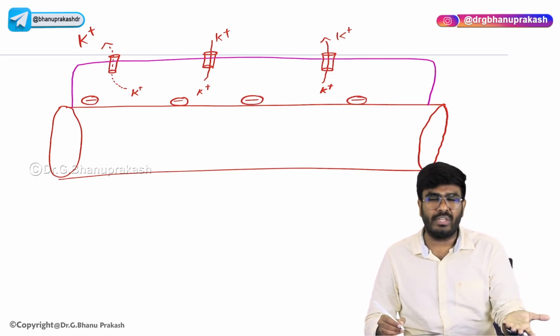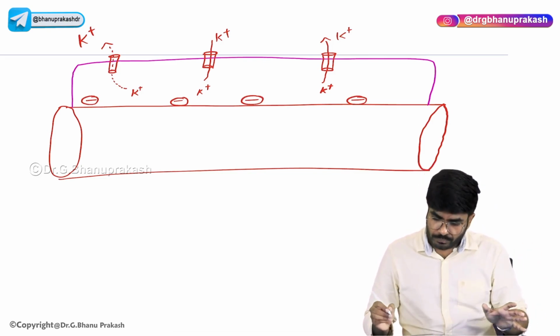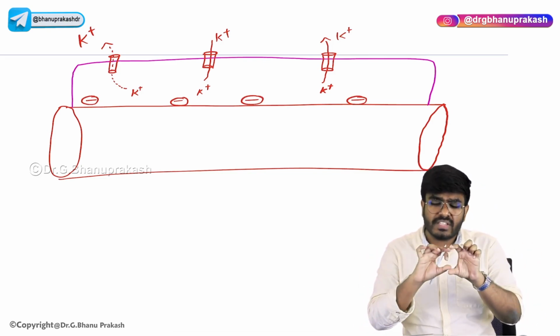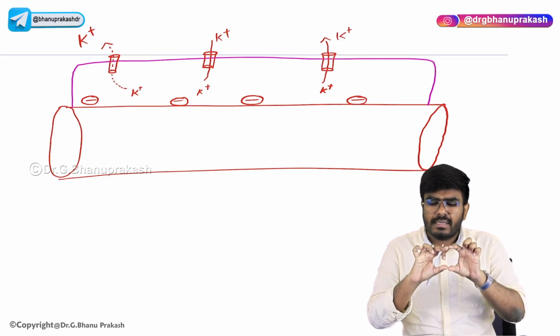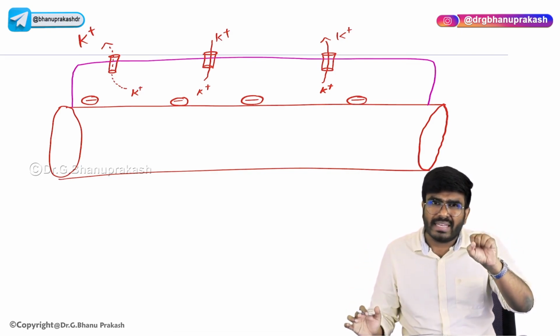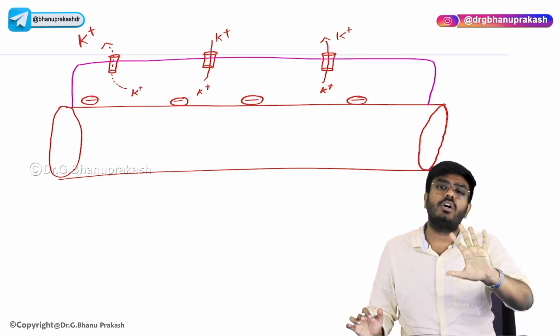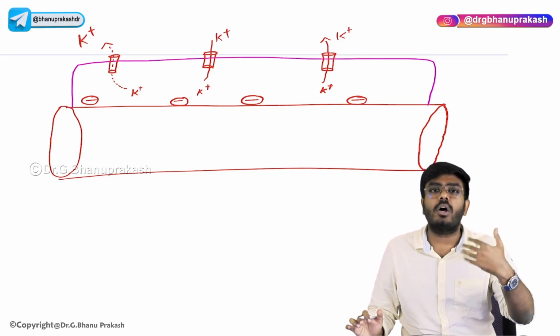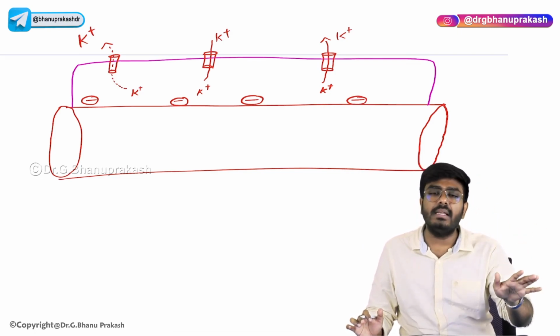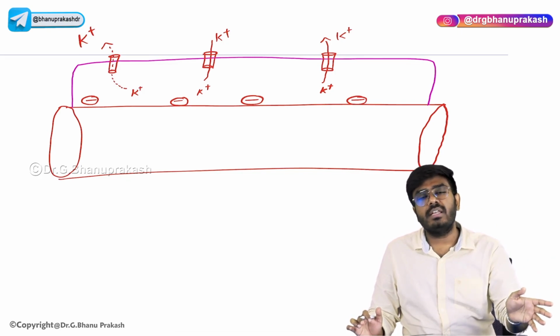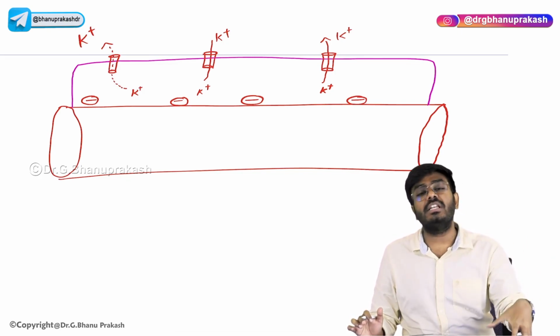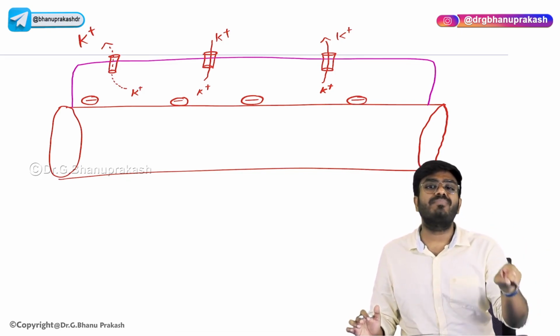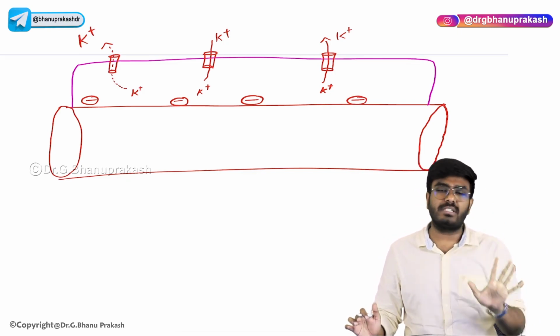They are negative and not activated. So if the smooth muscle cell is inactive, is it undergoing any contraction? No. Why? Because all the time potassium is leaking out. Leakage of the positive ions causes hyperpolarization or inactivation of the smooth muscle cell around the blood vessel.